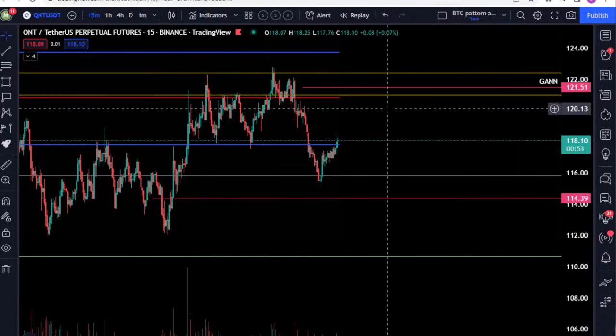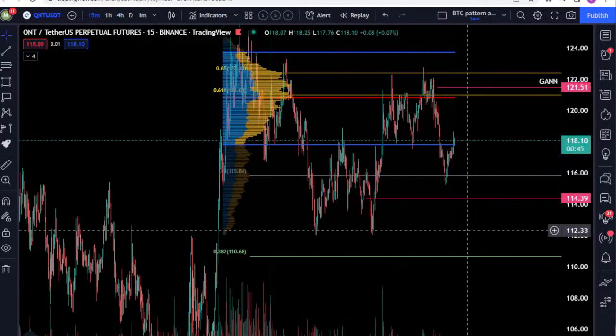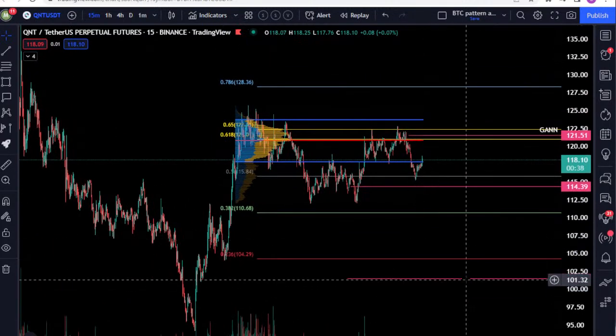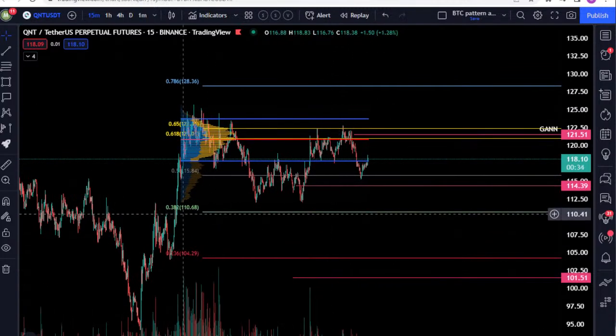Gann level is a possibility. So you just need to be aware of those things when it comes to quant. Targets for quant, as I showed you before, we could come down, test the 101 if we were to go lower.